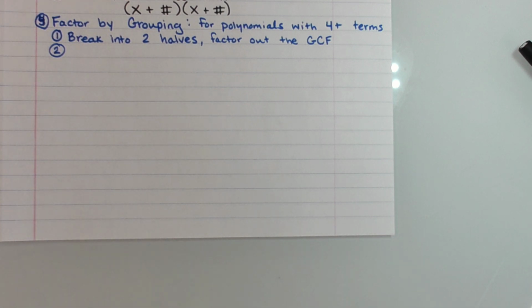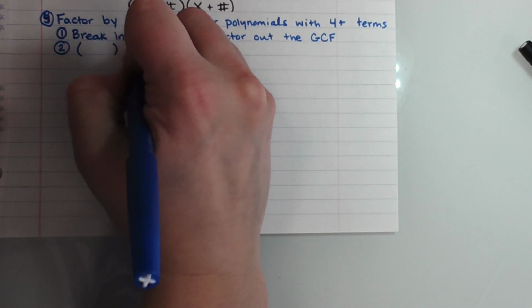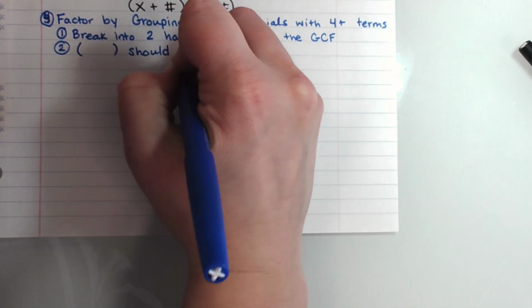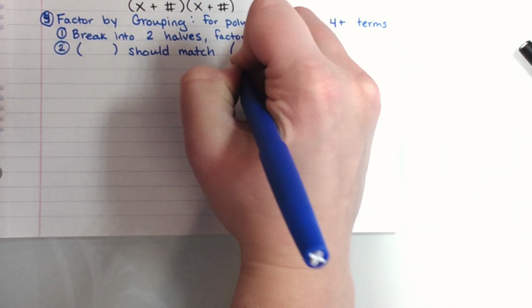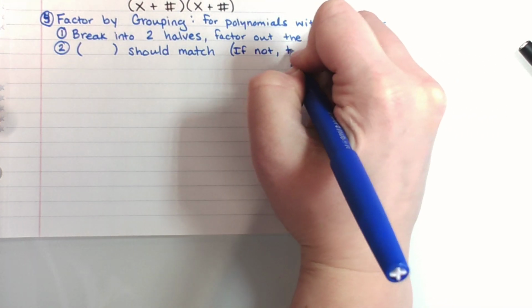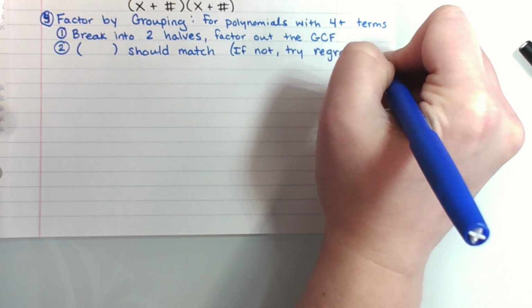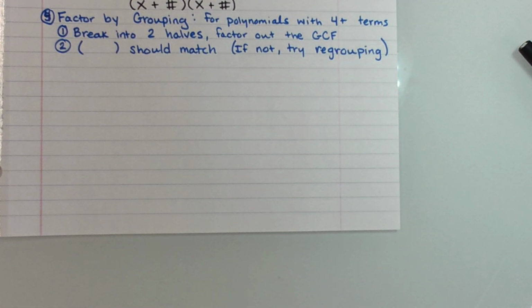Now, assuming that once you've done this, the parentheses match, because they technically should. If they don't match, try regrouping and try again. Just reorder the polynomial. We'll talk about that a little bit. It doesn't happen very often that you have to do that.